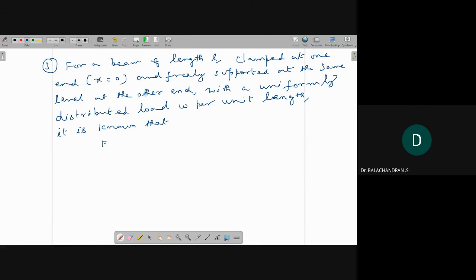EI d square y by dx square is equal to 1 by 8 omega L square minus 5 by 8 omega Lx plus 1 by 2 omega x square.